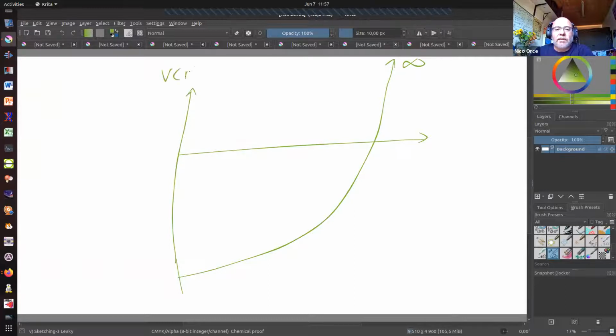This is V(r) and this is r. So these guys are all here. This is 0s 1/2.